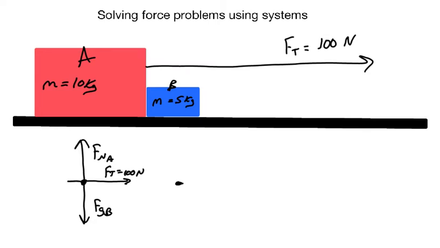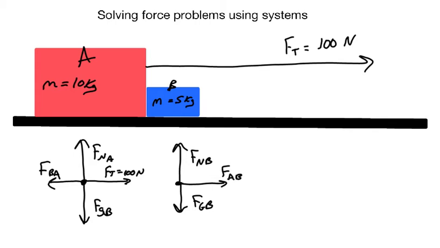And then box B is pushing on it, so we'll call that force box B on box A. And then box B, we'd have a normal force upward, a gravitational force downward, and we've got just this forward force from box A acting on box B. And no tension force on box B there.